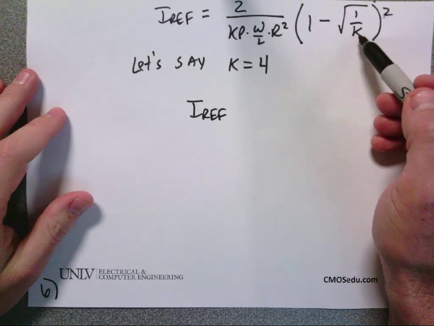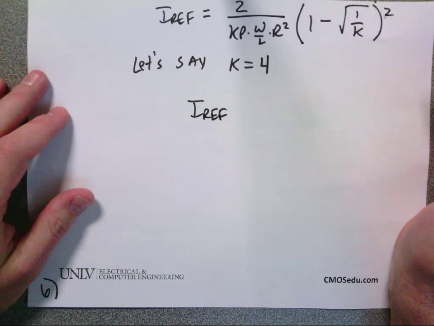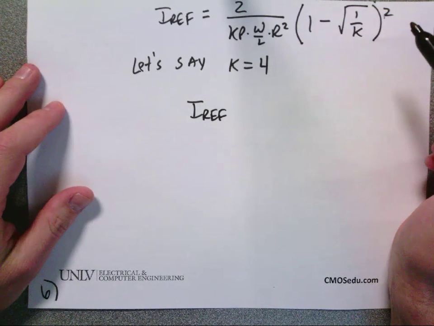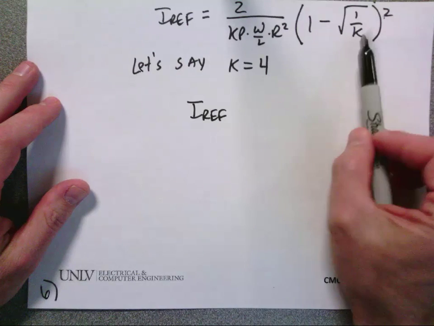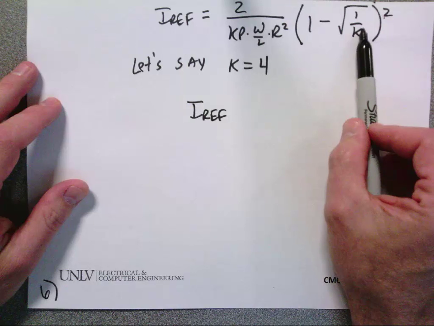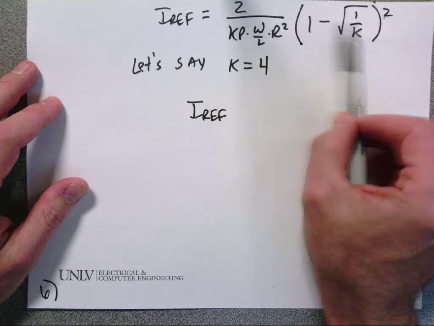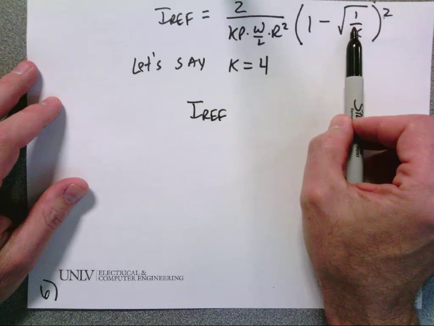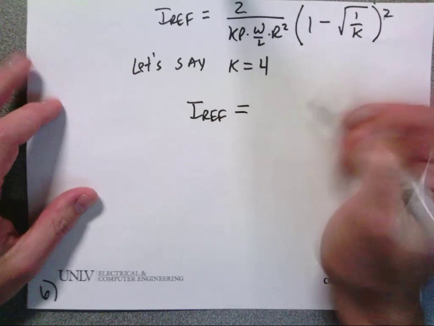Well, yeah, the bigger it is, the higher the current, but how do I simplify this equation? So the square root of 1/4 is 1/2. And then it's 1 minus 1/2, squared, which ends up giving me what? The 2's cancel.